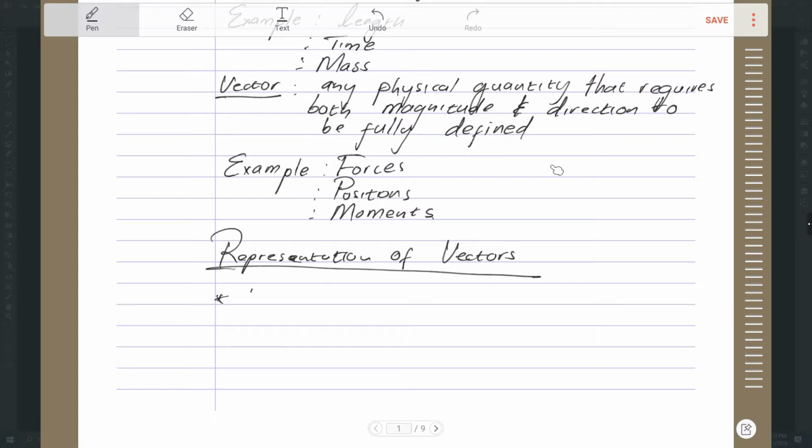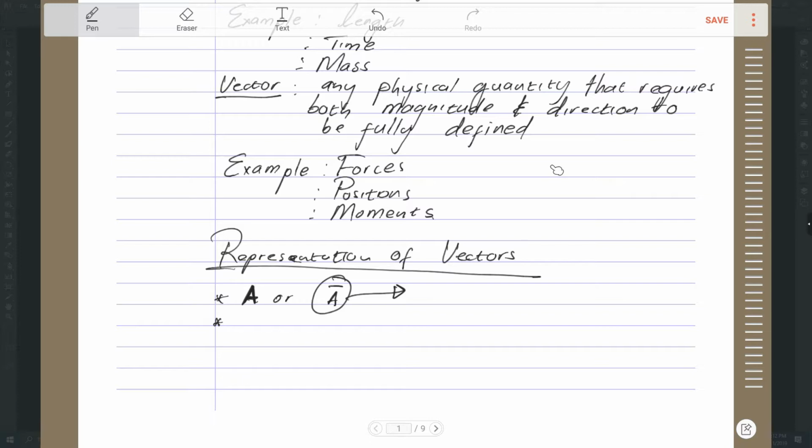So you can either use a bold capital letter A to give a vector a name, as in vector A, or you can use an A with a bar at the top. This is the most commonly used one, and it's easier to write, unlike trying to make a bold A.